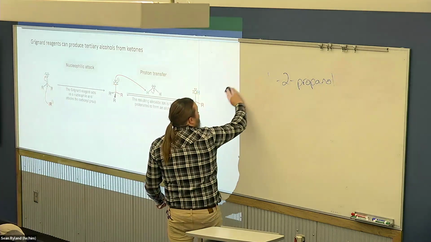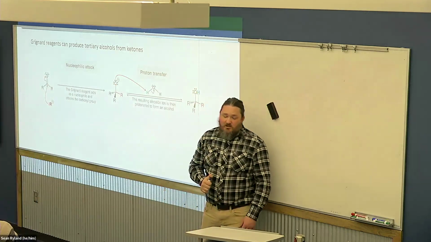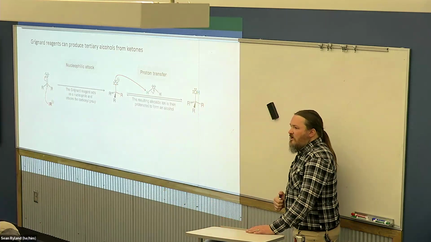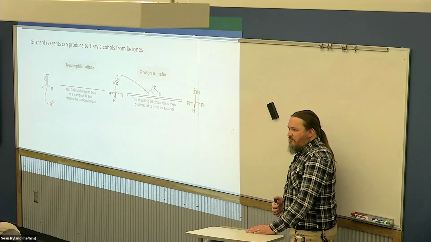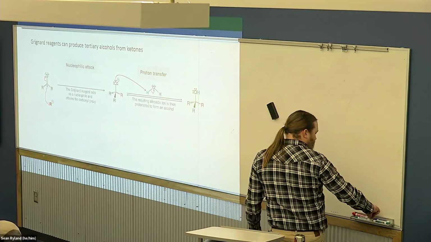And so this is a pretty good way to take a carbonyl and make a tertiary alcohol out of it as well. If we want a tertiary alcohol, we can't just do a hydride reduction, but we can do a Grignard reduction.